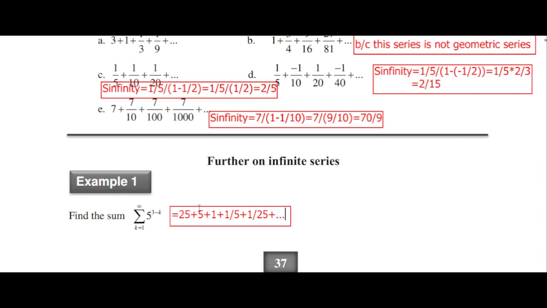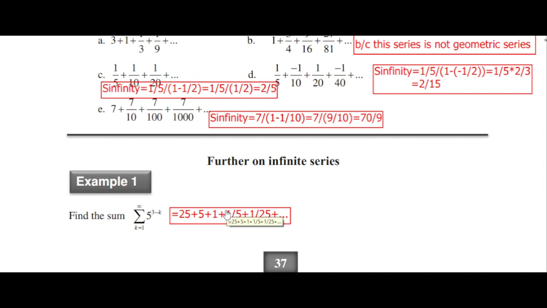From this, what do you understand? Let's compute r. The first term will be 25, and the common ratio r is 5 divided by 25, 1 over 5. So this is a geometric series.